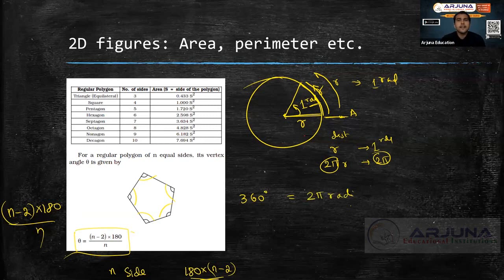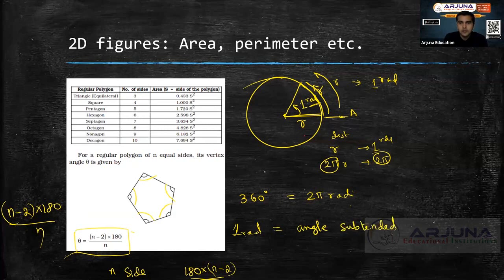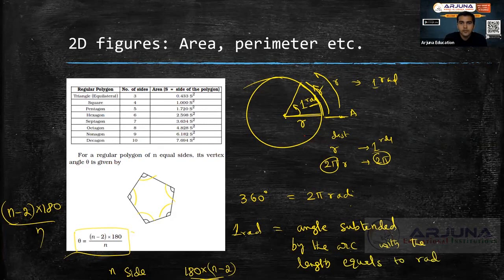Yes, define 1 radian. 1 radian is the angle subtended by the arc with the length equal to the radius of the circle. You know what subtended is, right?